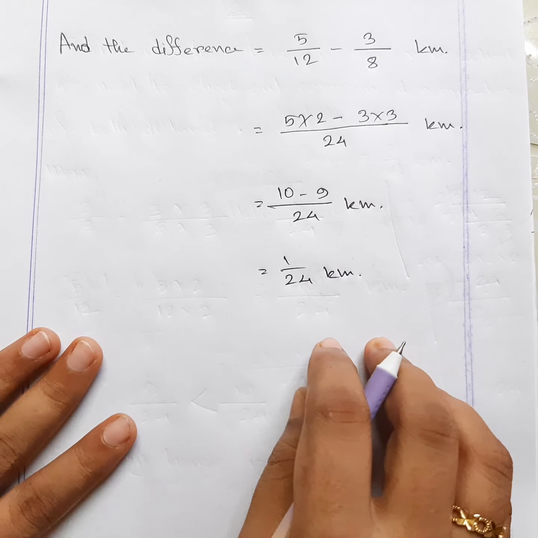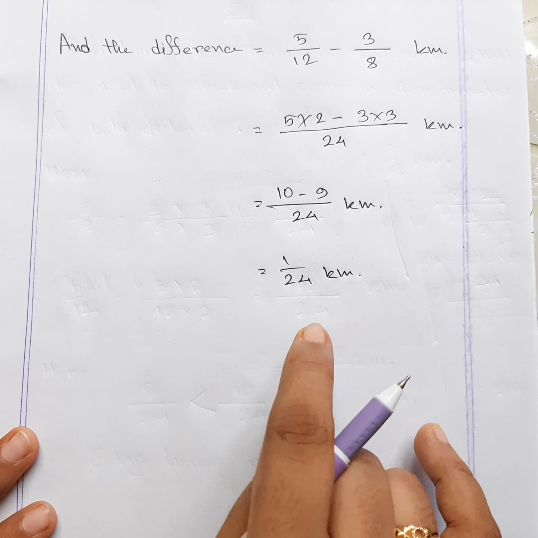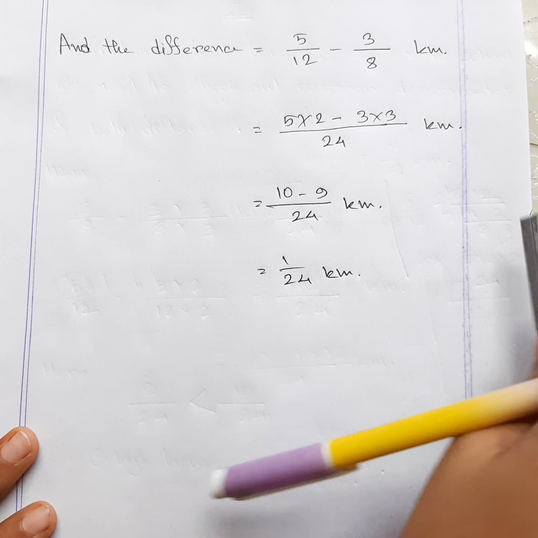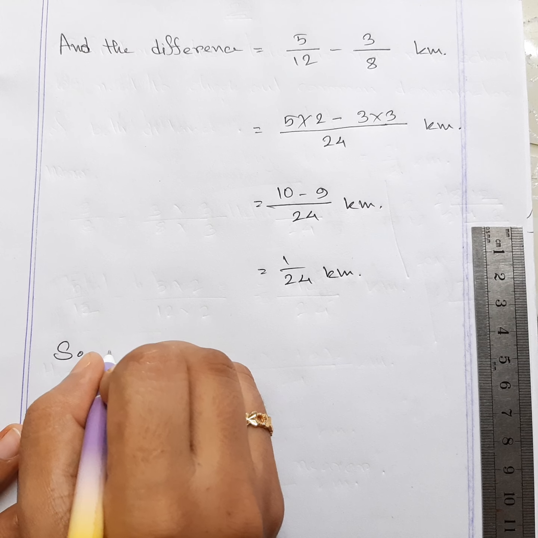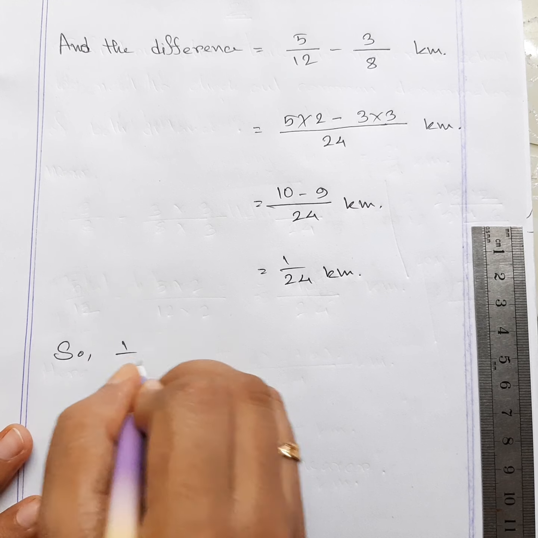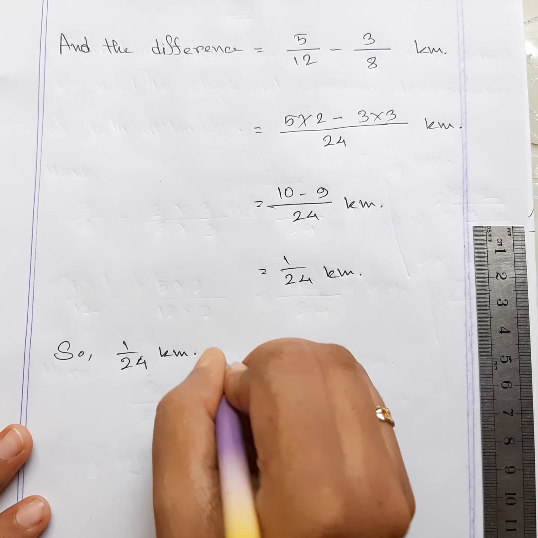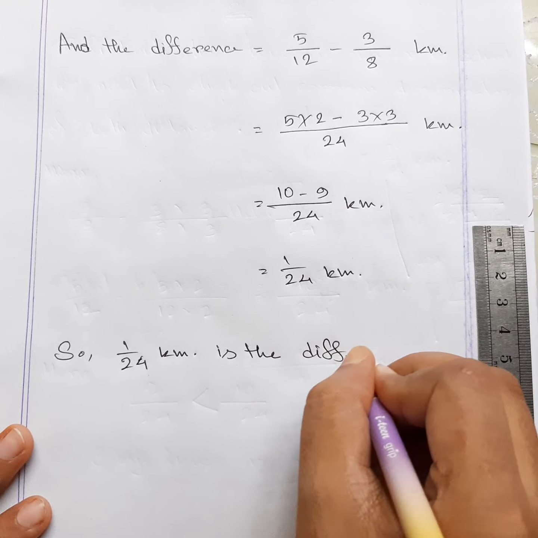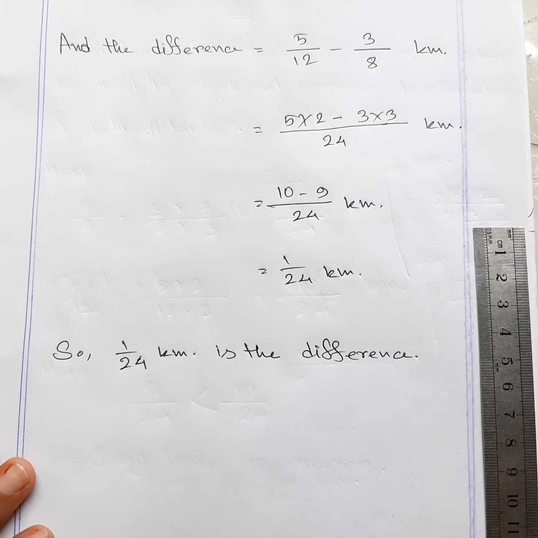This is the difference of the two distances. So 1 by 24 kilometer is the difference. Why have I written it?